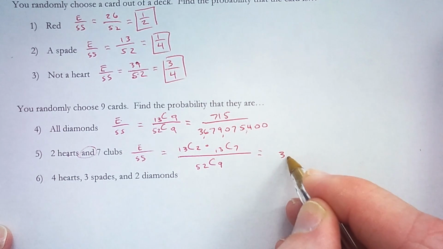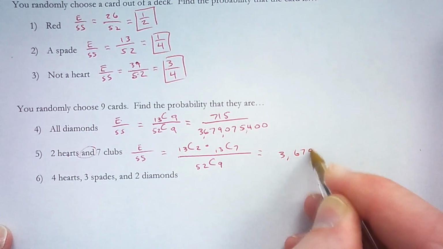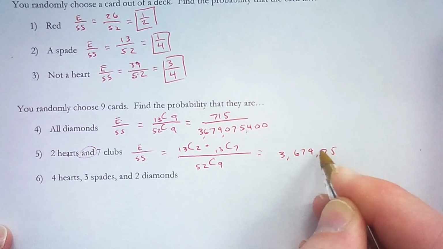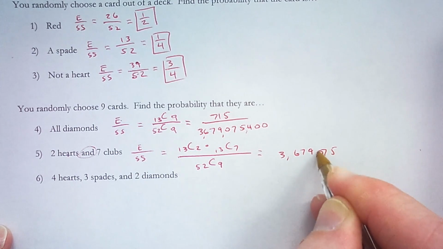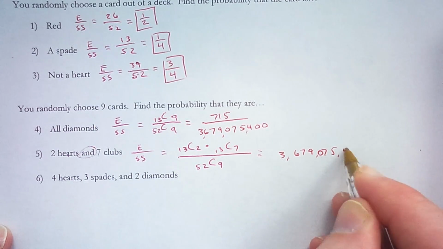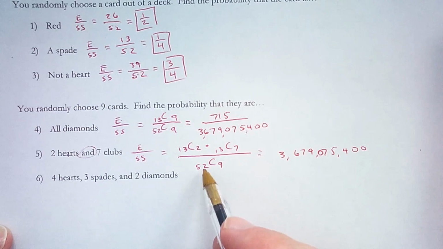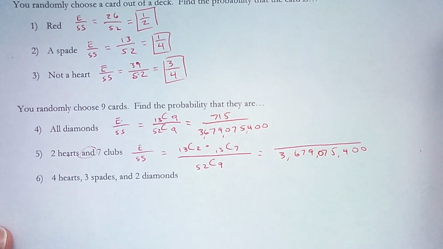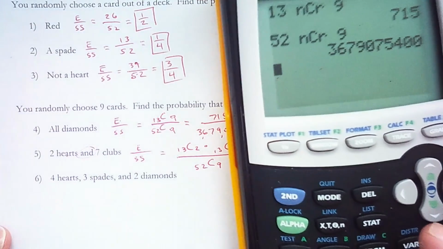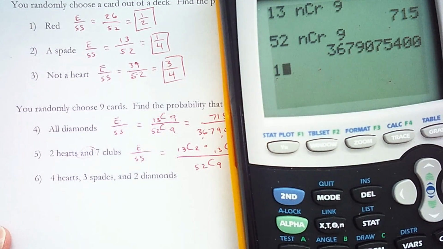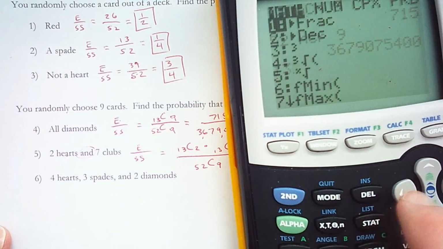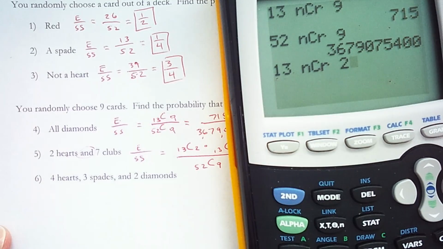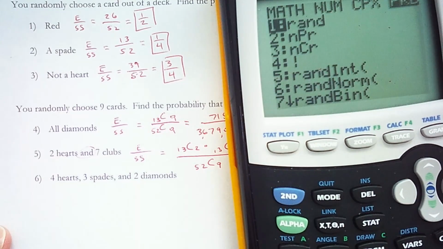It is 3,679,075,400 ways to choose 9 of the 52 cards. Okay, so our numerator, the event, is 13C2 times 13C7.